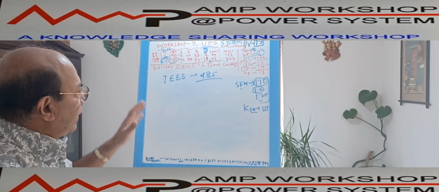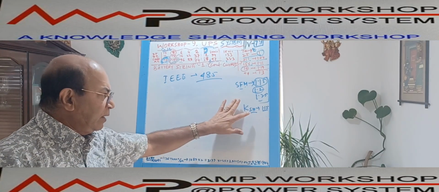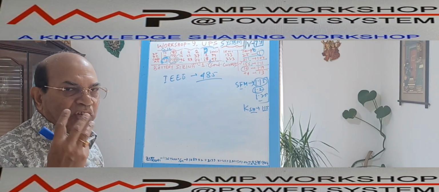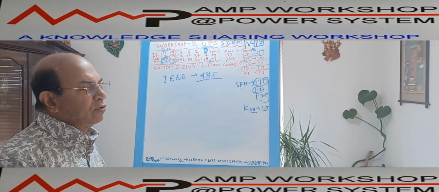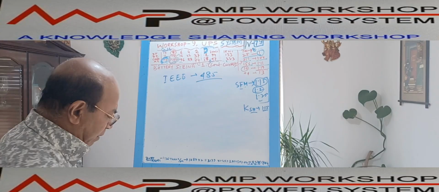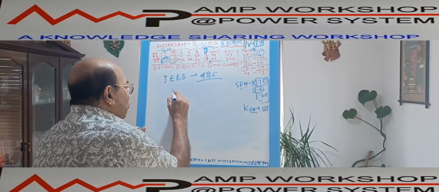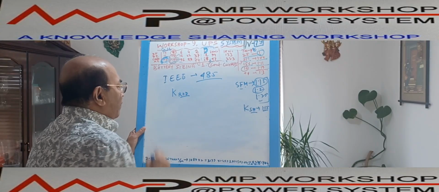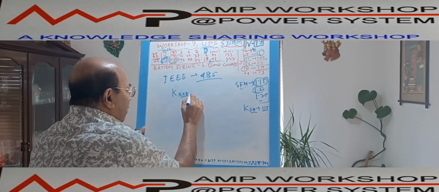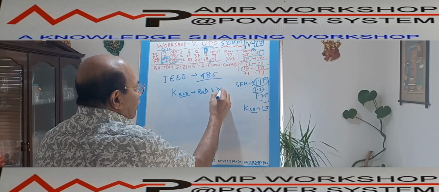The first point will be decided by the designer. But in addition, there are another 3 parameters we need to know from the manufacturer. What are those 3 parameters? The first parameter is the rate of discharge constant, the rate of discharge factor.